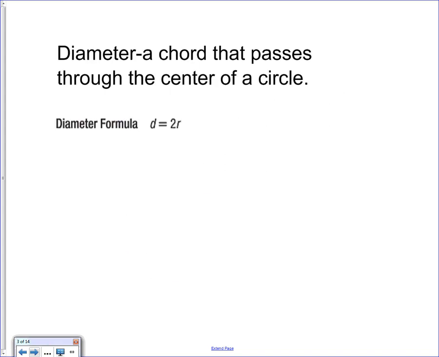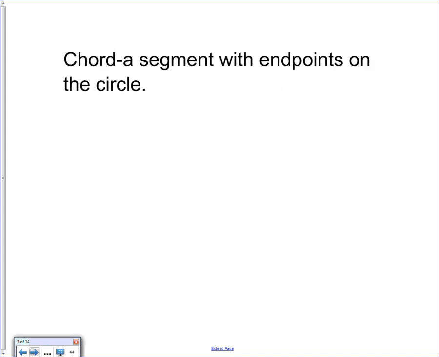So diameter specifically is a chord that passes through the center of a circle, as shown on the last slide. And the formula for diameter is D equals 2R. The diameter is 2 times the radius. You might ask yourself, what is a chord? Because it has not yet been defined.